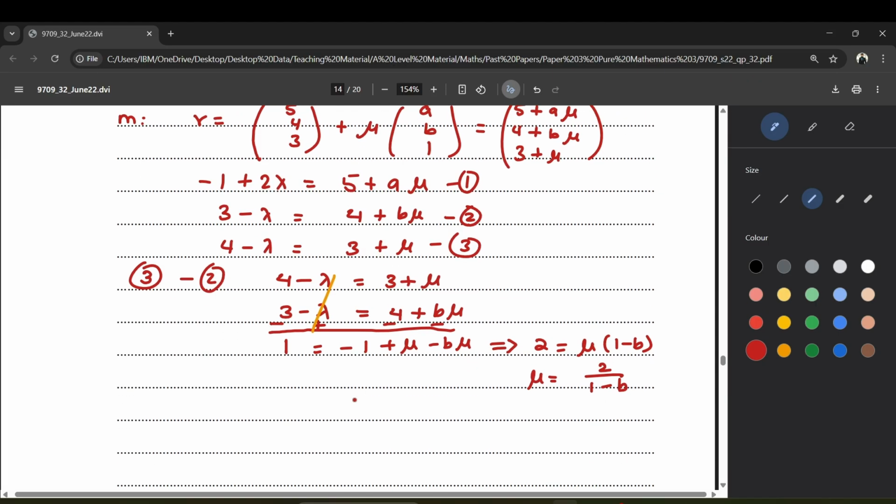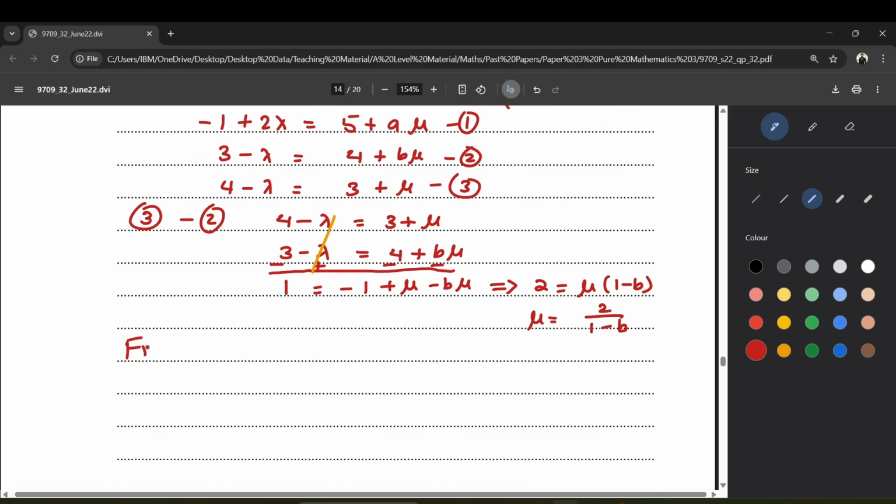Now, from equation 3, if I substitute the expression of mu into equation 3, so we have 4 minus lambda equals 3 plus 2 over (1 minus b).